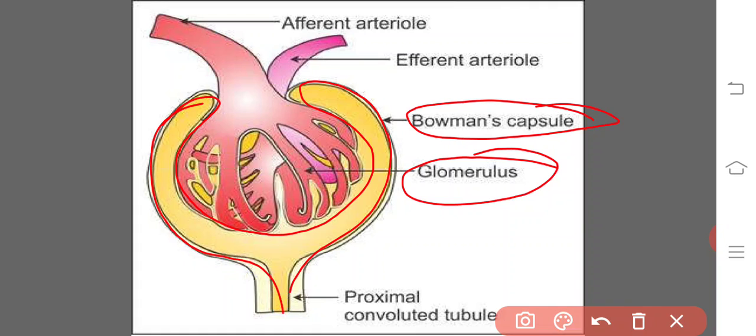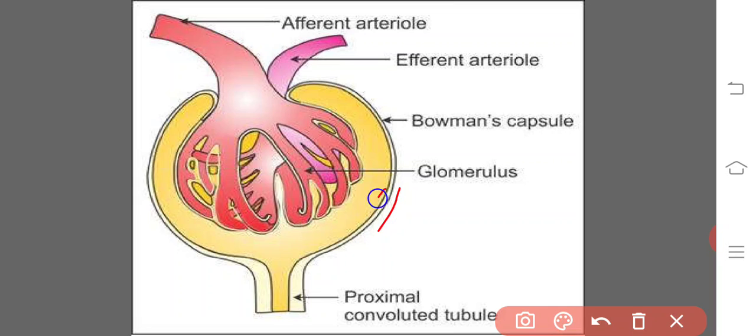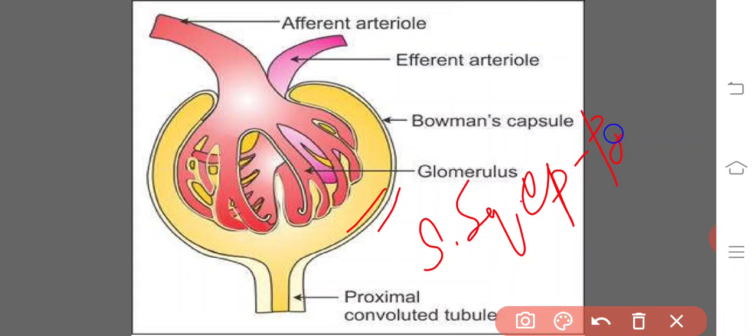So this Bowman's capsule is a thin-walled, double-layered, cup-like structure. Actually it is formed from the invagination of the tubule at the proximal end of the nephron, and it consists of simple squamous epithelial cells which are known as the podocytes.